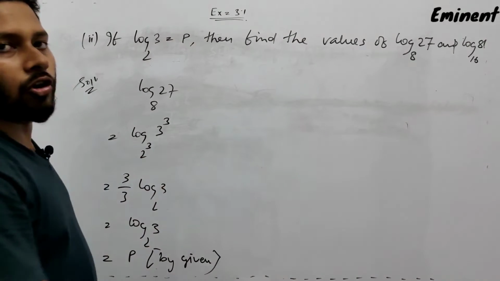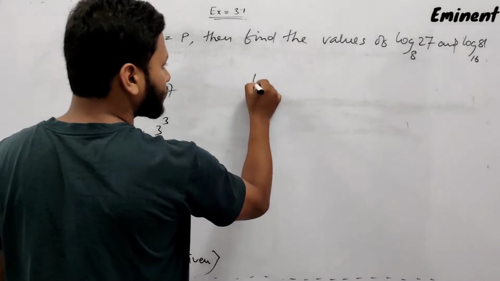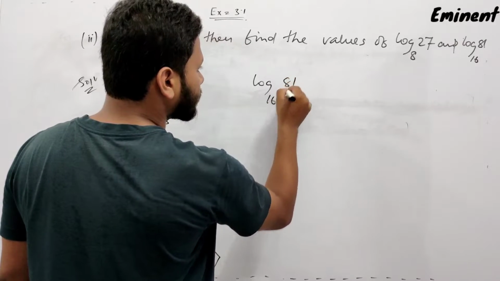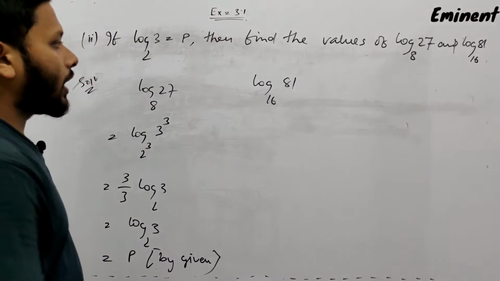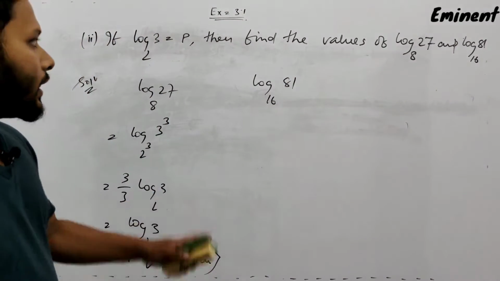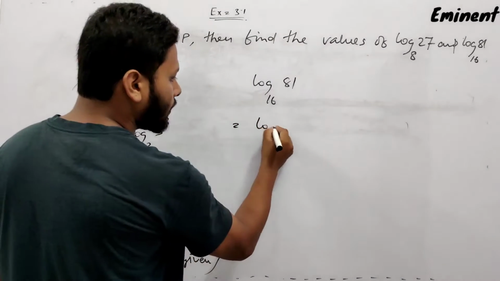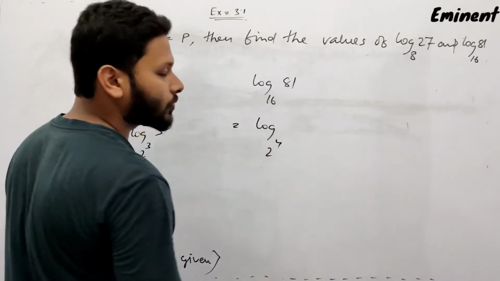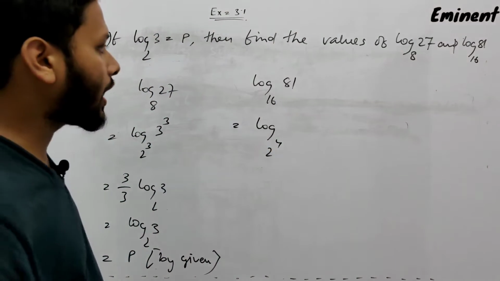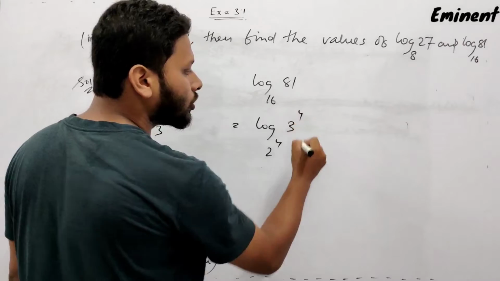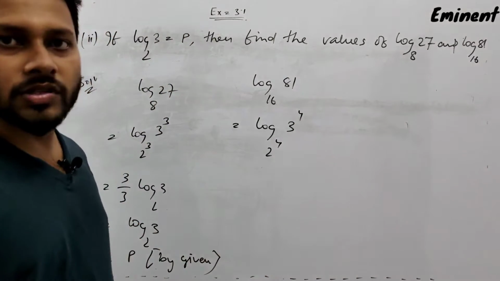Now let's find the value of log base 16 81. So we'll convert this base 16 and 81 in terms of log base 2 3. How can we convert this one? Directly we can write here 2 to the power 4. 2 to the power 4 means 16, and 81 can be written as 3 to the power 4. Okay, 3 to the power 4 means 81.